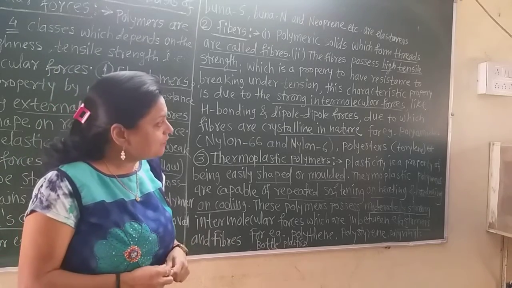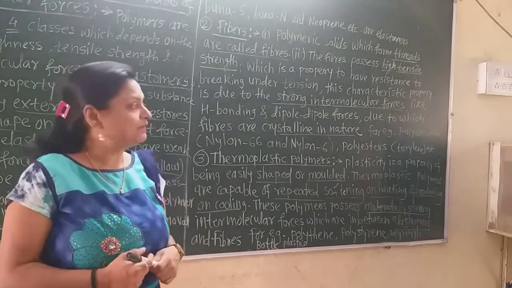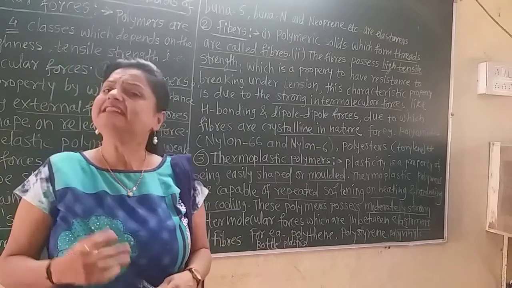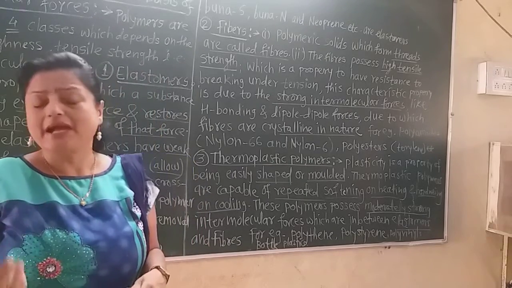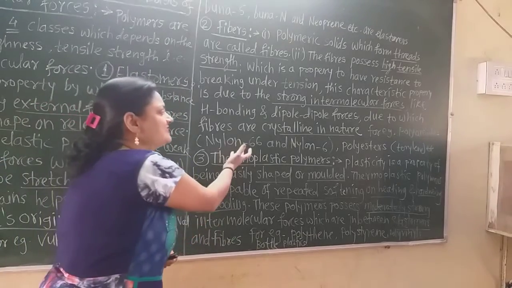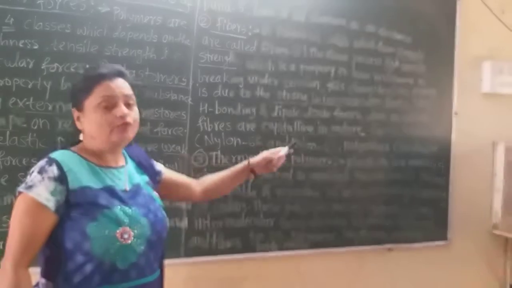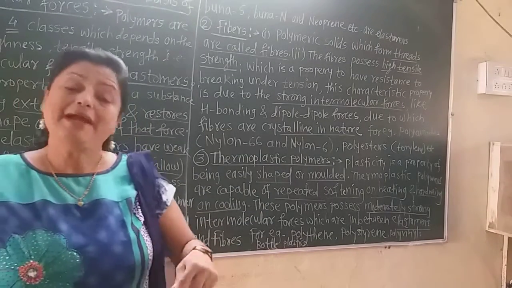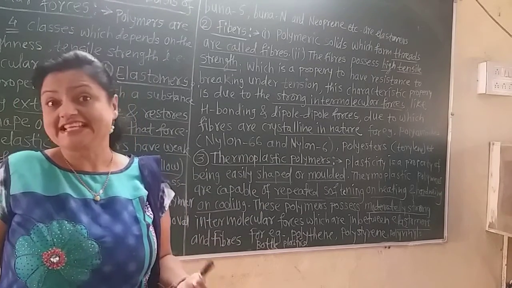having some crystalline-like nature, some shining in them. The best examples are the polyamide fibers, and there are two types of polyamide polymers: nylon 66 and nylon 6. We will see later the manufacture of nylon 66 and nylon 6.